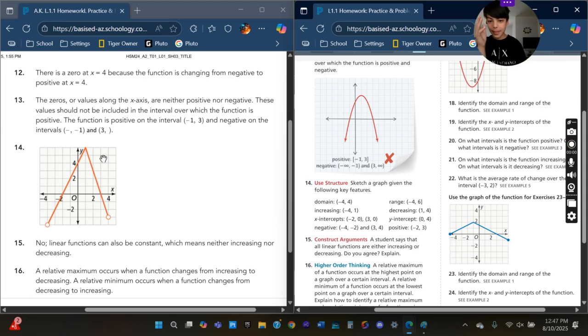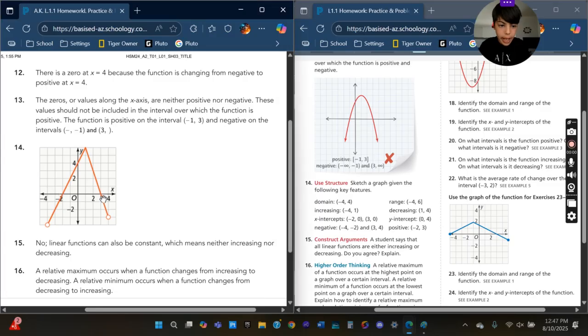The x-intercepts are what we start with. Negative 2 and 0. So we put a point at negative 2 and we put a point at 3. As it says here, negative 2, 0, so right here, and 3, 0, so right here. We put a point there. Then the y-intercept is 0, 4, so you put a point right here at 0, 4.